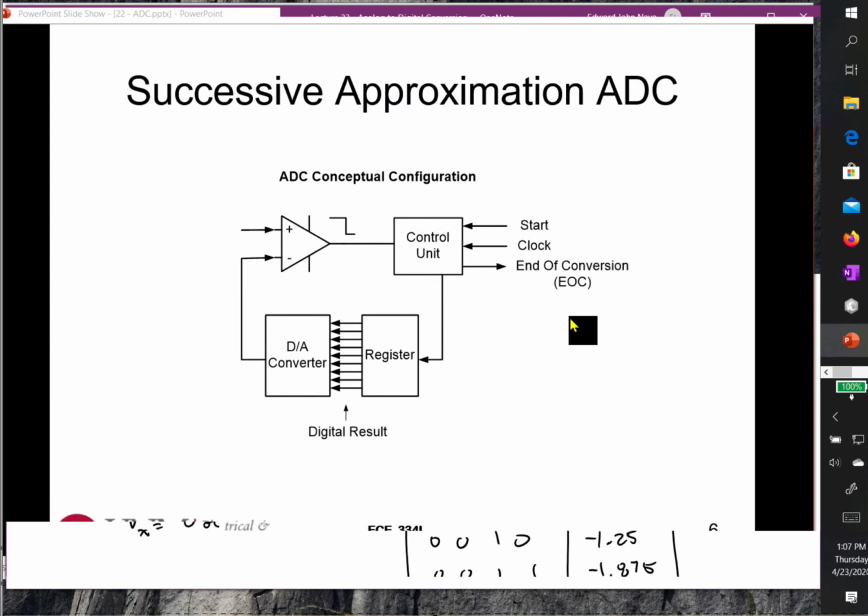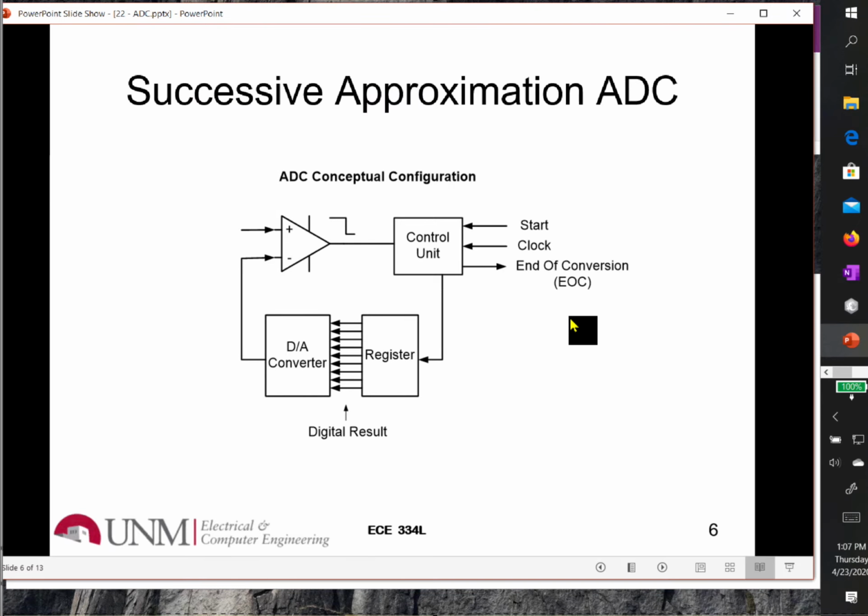Okay, we have two different strategies. One is a very simple strategy. So one is when I present my unknown input signal, I get a start signal from whoever wishes my A to D to start, and I have a clock that's going to start.